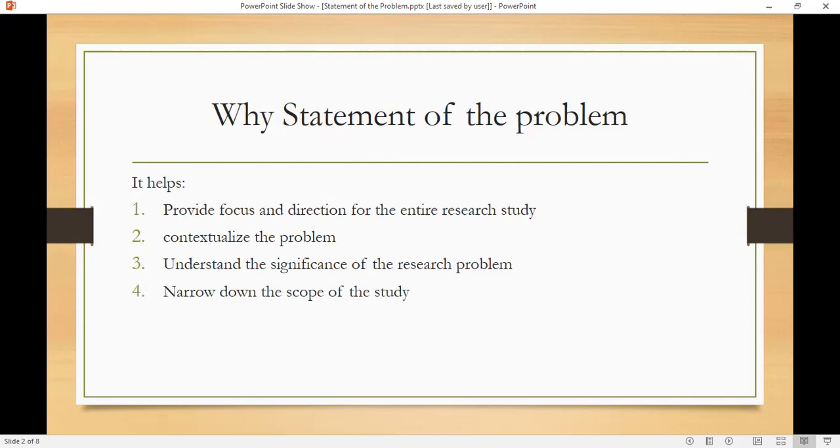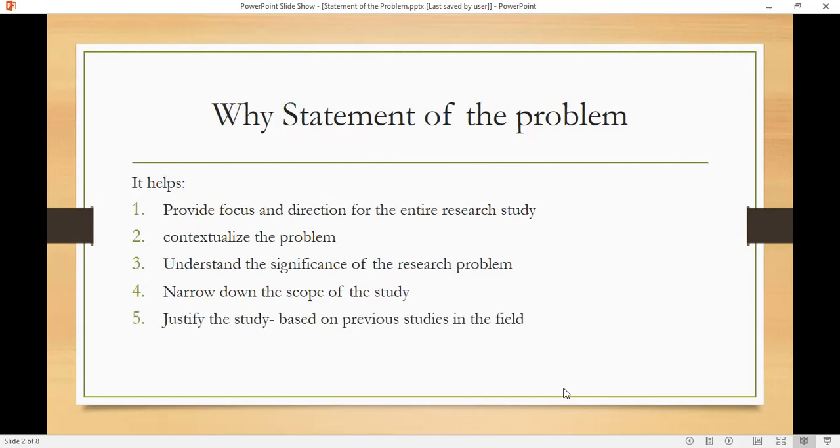Quite often, novice researchers may start with a very broad study which ultimately may not be possible to complete within a stipulated time, or it may have other complications in future. So the statement of the problem helps you narrow down the scope of the research project, the dissertation, or the thesis that you are working on.